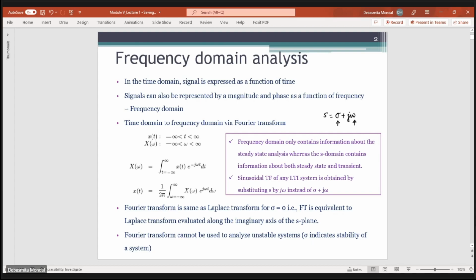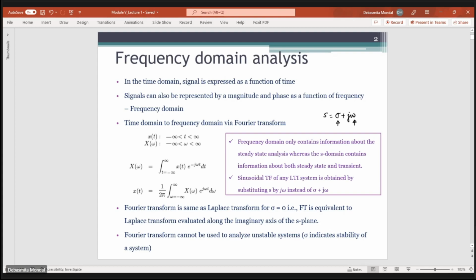Since we have considered sigma equal to 0, the property of the Fourier transform is that it cannot be used to analyze unstable systems. If and only if your system is stable can you apply this Fourier transform and find the corresponding frequency domain representation of the system.